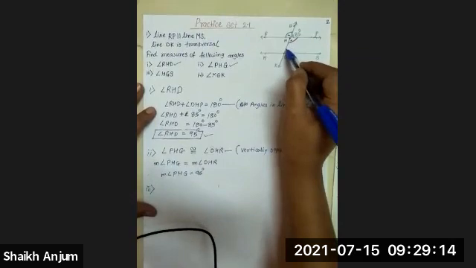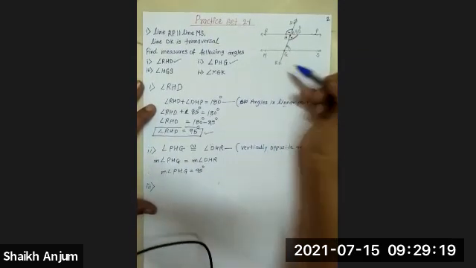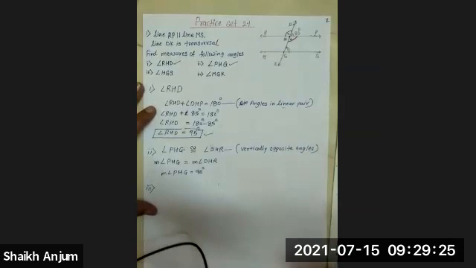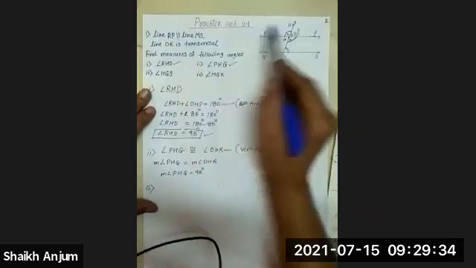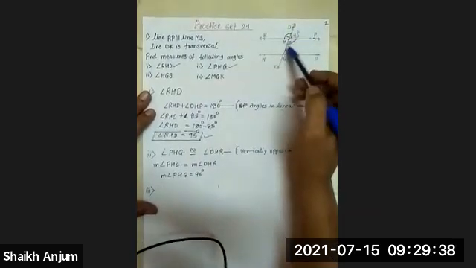This angle we have to find. As we learned the property, in the diagram these two are parallel lines, that is given, and this DK is a transversal.